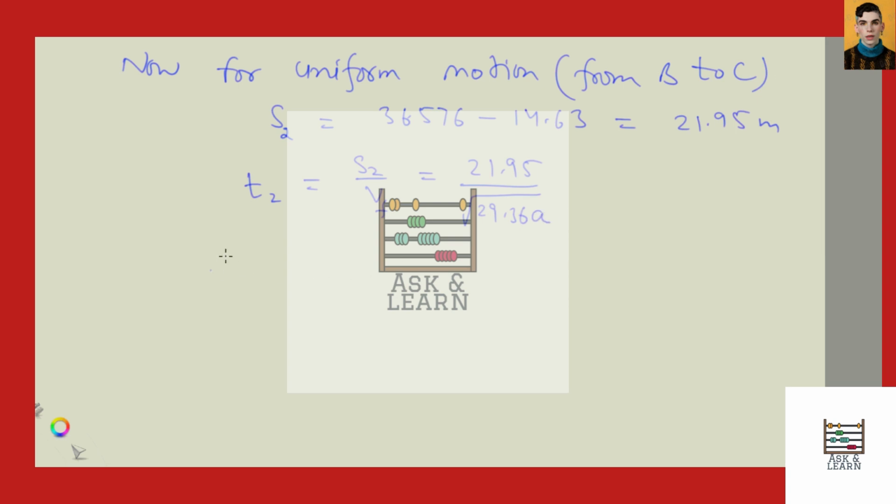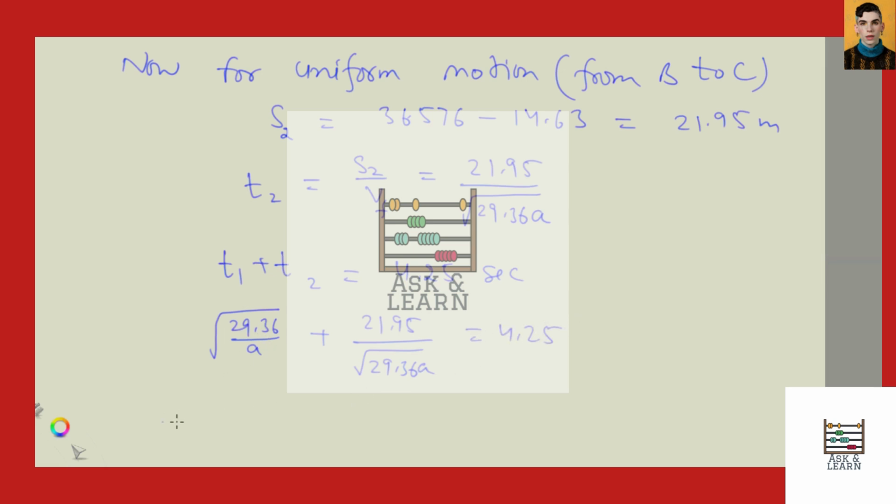Vf we know that is square root of 29.36A. So according to the question, the total time taken by the player is 4.25 seconds. Hence, putting the values of both of these times for T1, this is square root of 29.36 by A, and for T2, this is 21.95 divided by square root of 29.36A, is equal to 4.25.